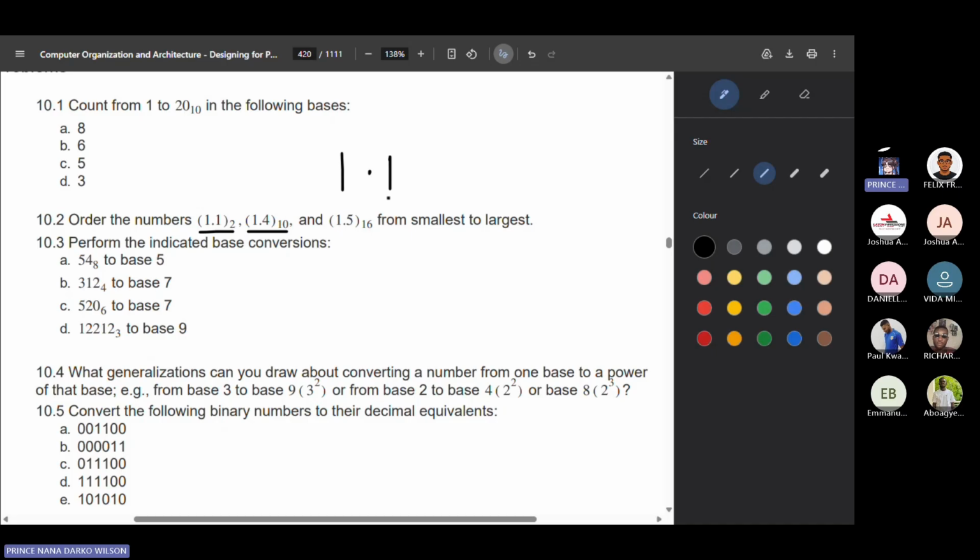to the right of the decimal place, to this side, we already know what the places are. We have ones, so to the power 0, we have tens, that's to the power 1, and then we have hundreds to the power 2, etc. But on the right side, we do not have those places, but rather we have division places. So to find the value of a digit in decimal, we divide by the radix.